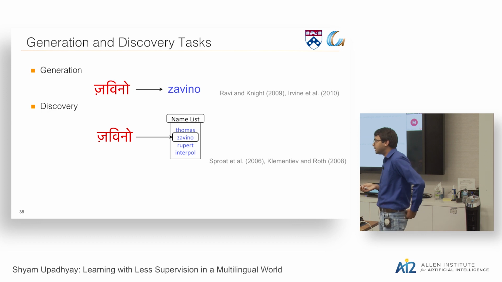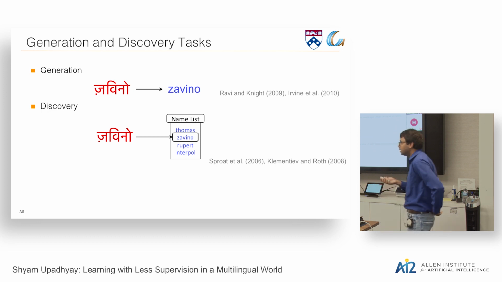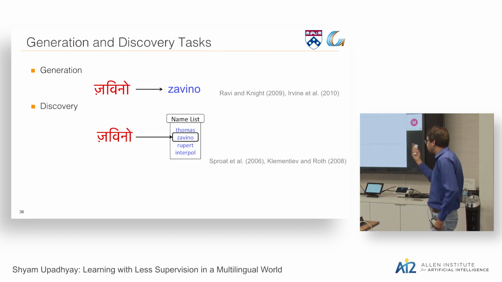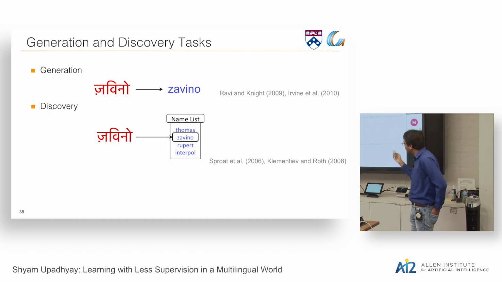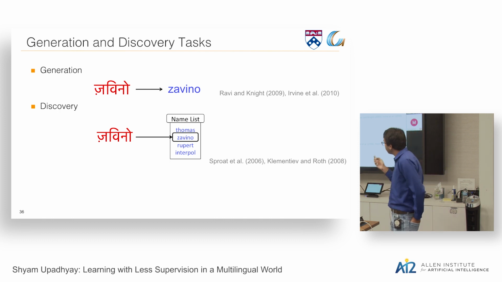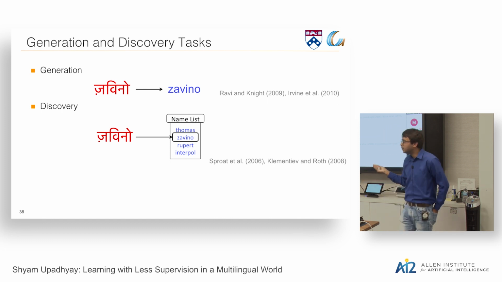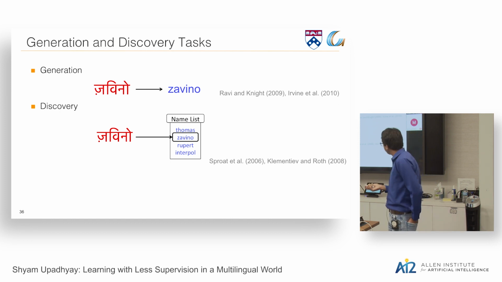The second approach treats this as a discovery problem or a re-ranking problem, where given the input name, you want to find the appropriate transliteration from a predefined list of names. And again, it's obvious that this will have some issues with coverage. If the correct transliteration is not in your predefined name list, you will never find it.